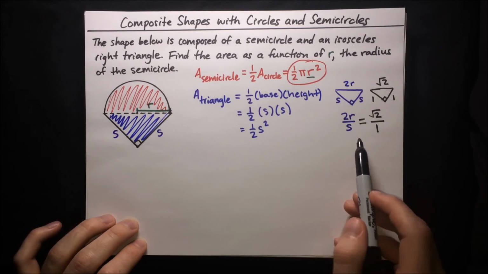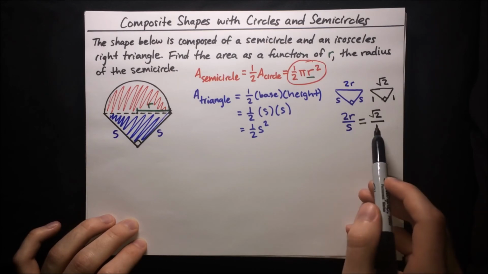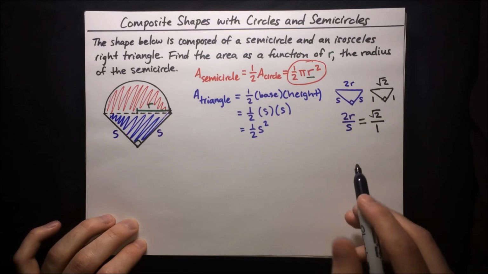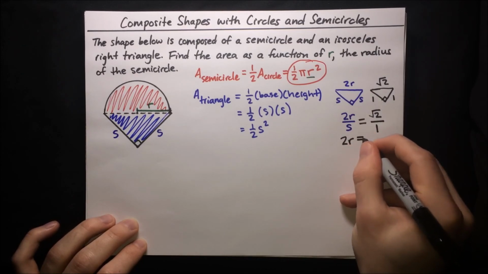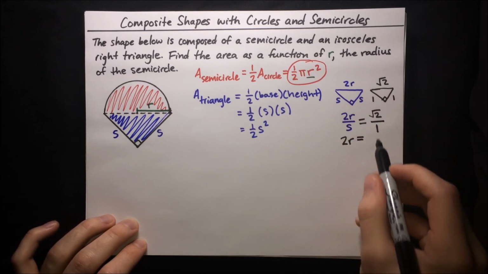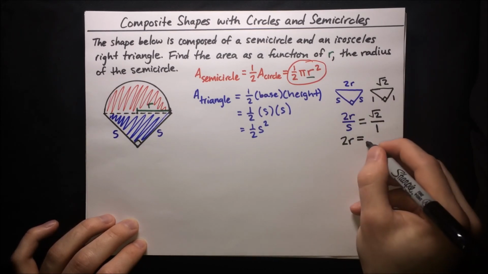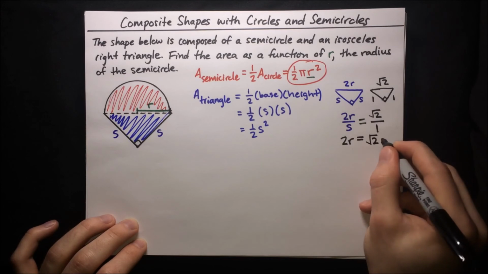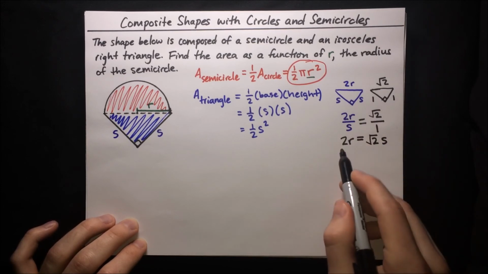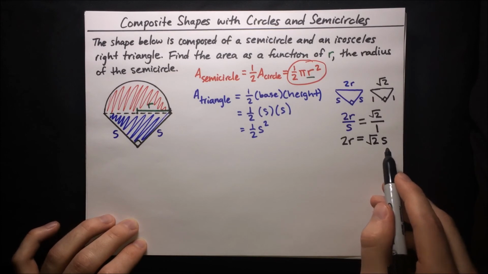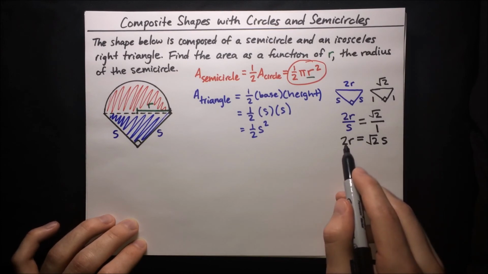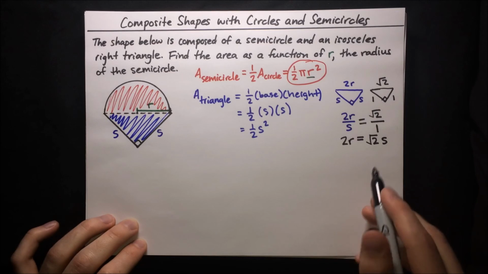So let's solve this equation. We'll start by multiplying both sides by s to cancel out the s from the denominator. So we have that 2r equals, well, square root 2 over 1 is just square root 2, multiplied by s. So 2r equals root 2 s, and then we can divide both sides by root 2 to get s alone on one side.